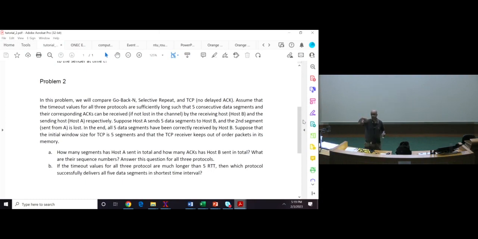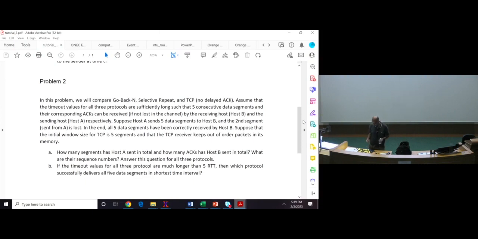So there'll be some timeout or whatever loss recovery is there, and then you do retransmissions, but at the end of the day, all packets will be correctly received. Suppose that the initial window size of TCP is 5. Again, usually TCP starts at 1. We have seen they do a slow start, but let's say it's starting at 5. And then the TCP receiver keeps out of order packets in its memory.